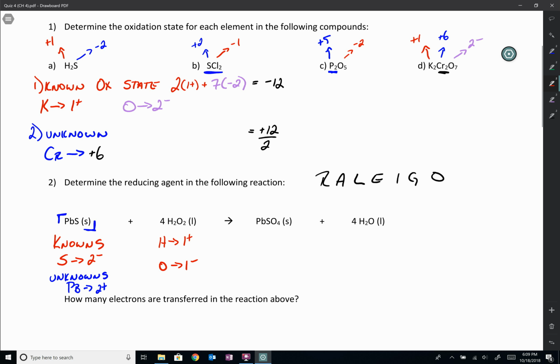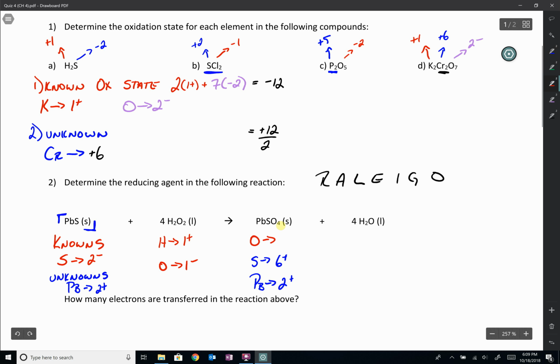So here we have oxygen 1 minus, hydrogen 1 plus. These are both knowns. Moving on to the next one. Lead 2 plus in this case. Sulfur 6 plus. Oxygen, where is it? Here it is.